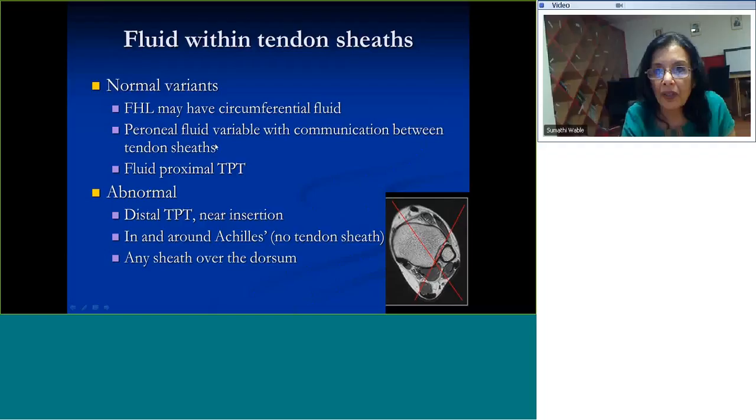Peroneal fluid is variable and communicates with tendon sheath, and small amount of fluid in the proximal portion of the tibialis posterior tendon is also normal. However, fluid in the distal portion of the tibialis posterior tendon is always abnormal, and also fluid in and around the Achilles tendon is also abnormal.